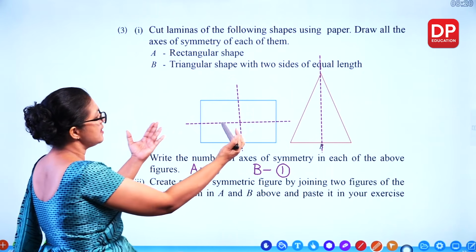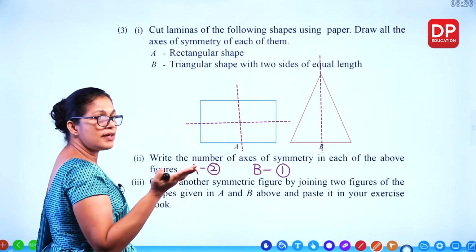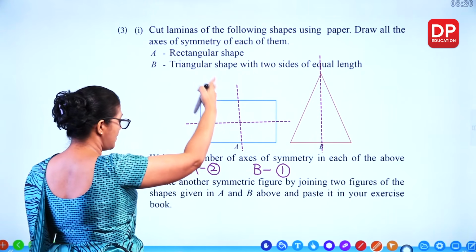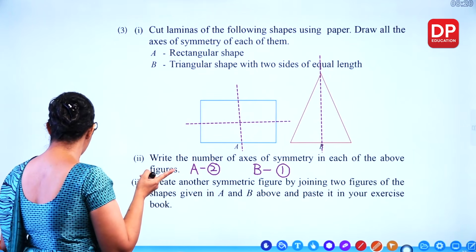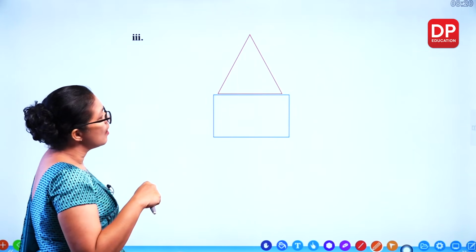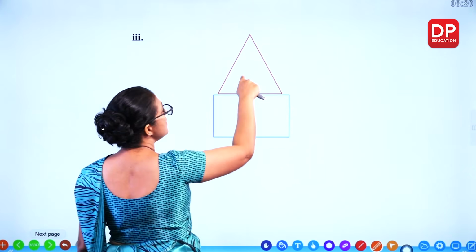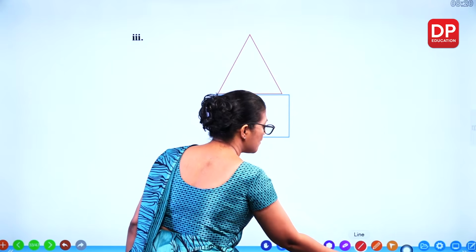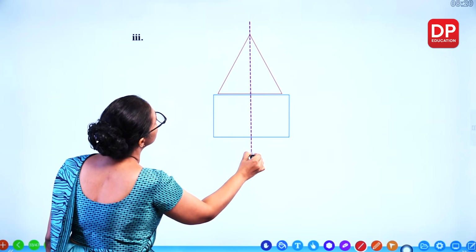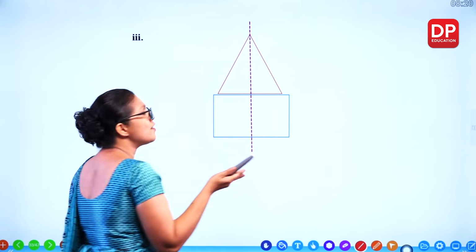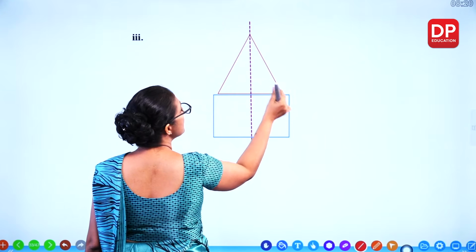So you can cut it and keep one on top of the other, but you need to remember that you get the symmetrical shape. So I did that for you. This is one way of pasting paper. So you have to paste these two figures, and where's the line of symmetry? You get here. So you can create several figures like this, but make sure the distance from here to here is the same.